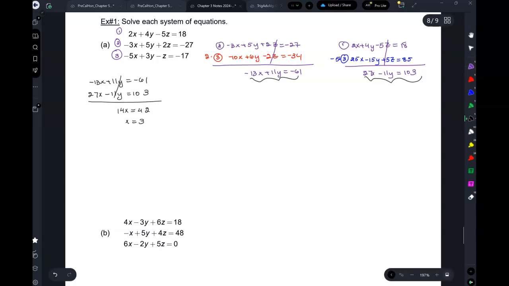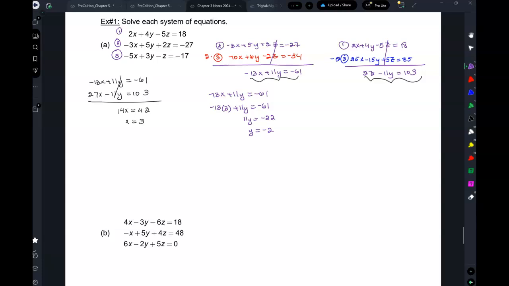Negative 13x plus 11y is equal to negative 61. Negative 13 times 3 plus 11y equal to negative 61. 11y equal to negative 22. Y is negative 2.